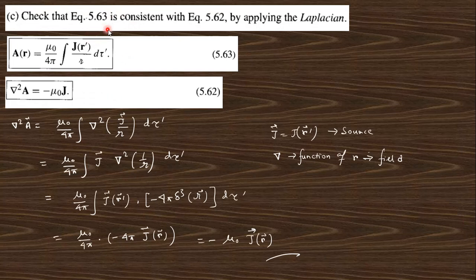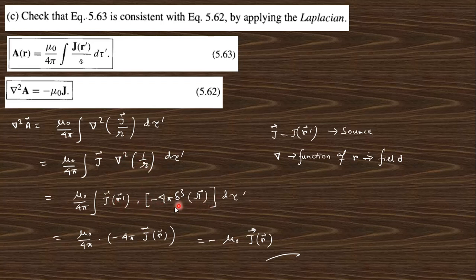Check equation 5.63 is consistent with 5.62. Apply the Laplacian. So grad squared A equals like that, grad squared of 1 by r, and this is nothing but the delta function. In the first lecture in this series we found this value of the delta function, which will be like that.